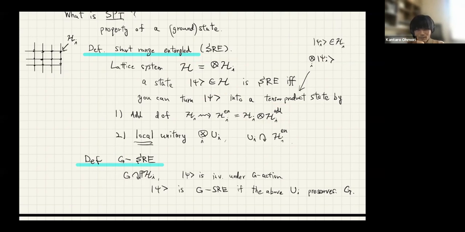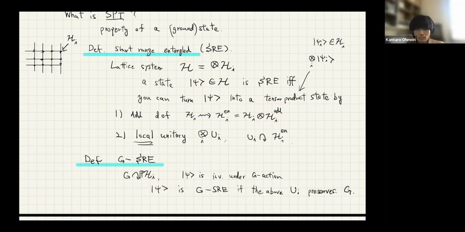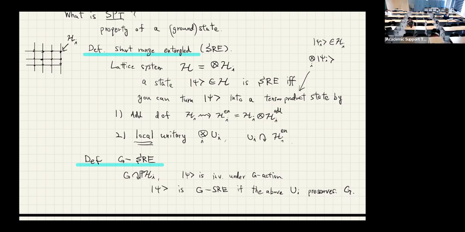To make it trivial, make it a tensor product state, you have to add some degrees of freedom, and that you can choose. You can choose, but for safety, you can choose a very humongous Hilbert space. So it is one of my confusions, because you can choose HI8. Does it mean that the SRE is very artificial?